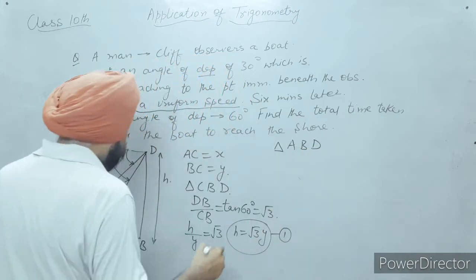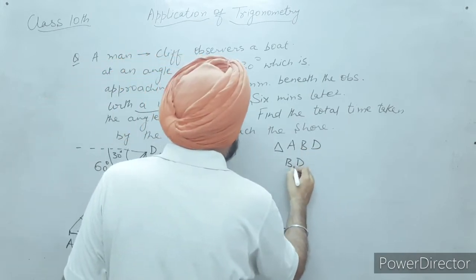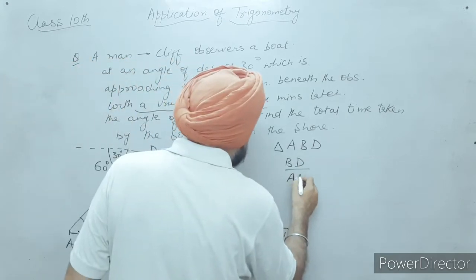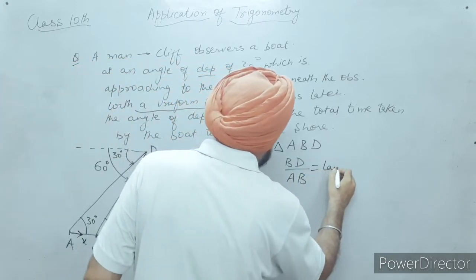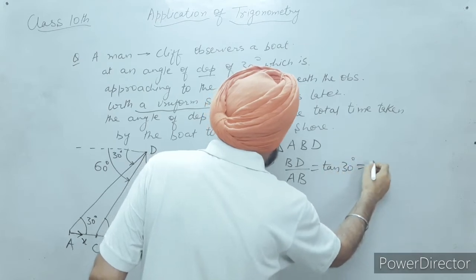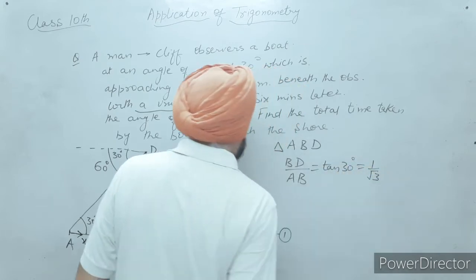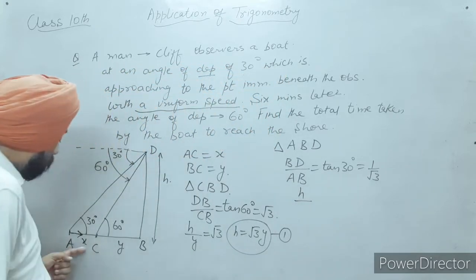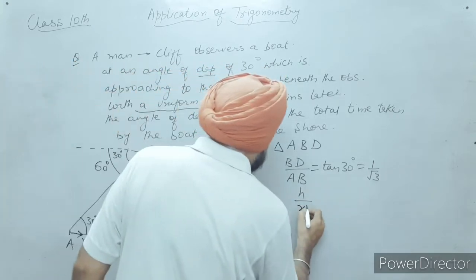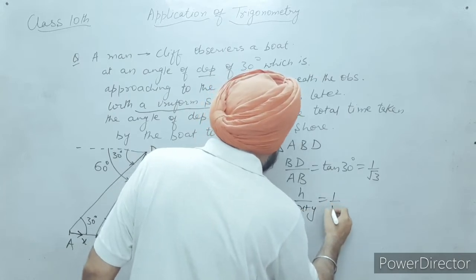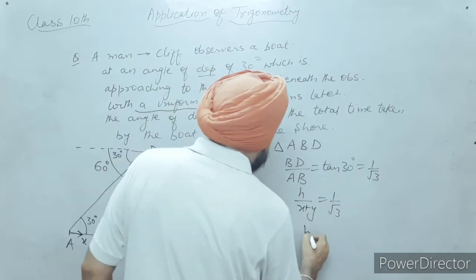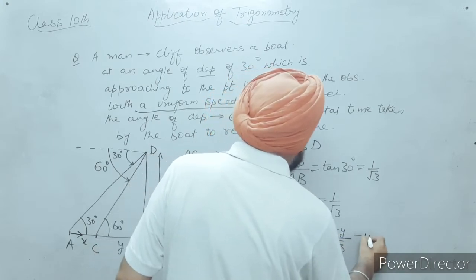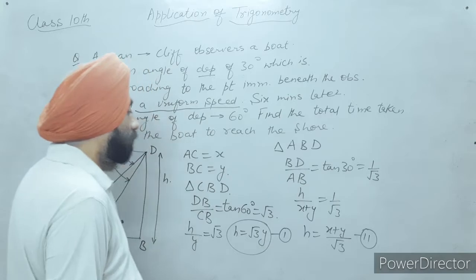Again perpendicular upon the base, BD upon AB is tan of 30 degrees this time. It's 1 by under root 3. BD is h, AB is x plus y. So h equals x plus y upon under root 3. This is my second equation.